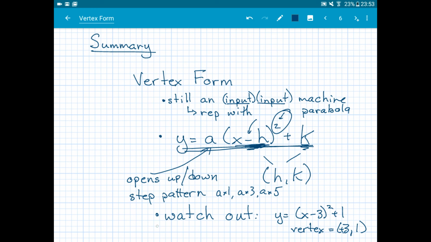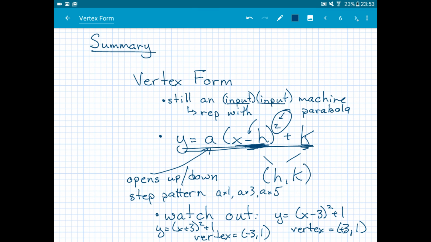And if you had y equals x plus 3 squared plus 1, then the vertex would be at minus 3, 1. And that's the snag most people make little mistakes on.